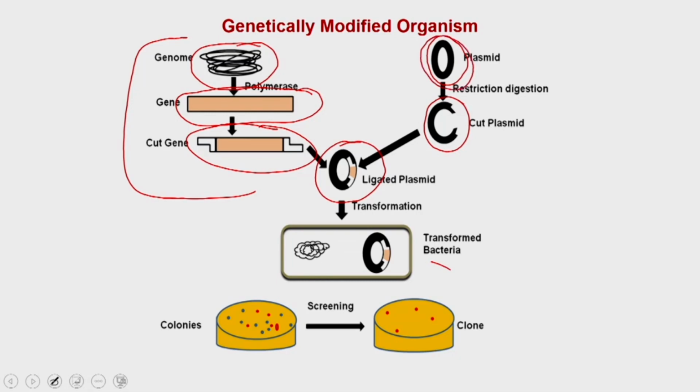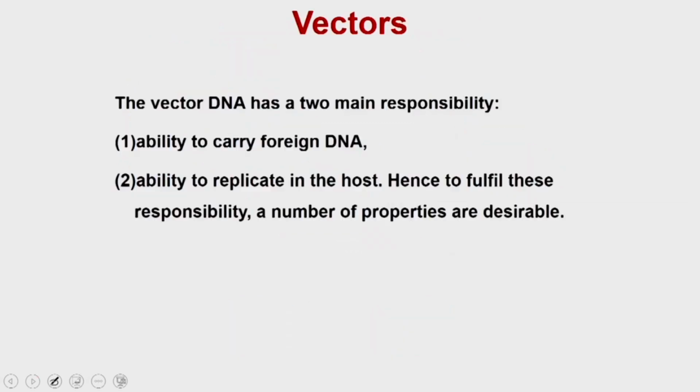The transforming agents which carry the foreign gene are called vectors. The purpose of a vector is that it is a DNA which has two responsibilities.